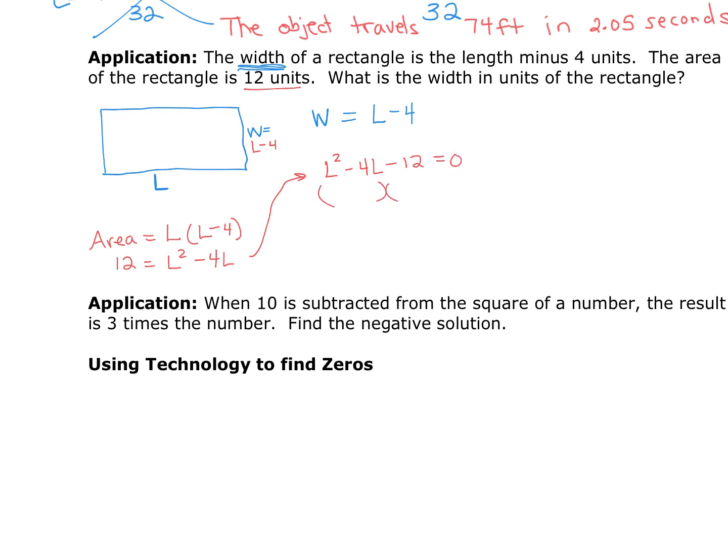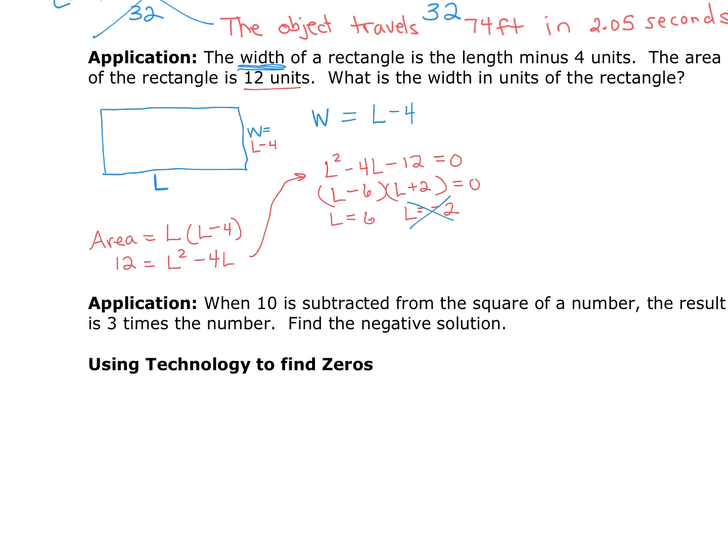It conveniently factors. Multiplying to negative 12 and adding to negative 4 would be negative 6 and positive 2. So we would get the length is 6 or negative 2. And again, in the context of the problem, a negative 2 length does not make sense.